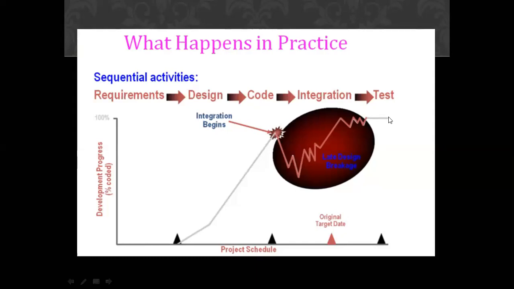Your requirement portion takes 5% of the resources, designing and coding take 10 to 30% of the resources, integration takes more than 40% of the resources, and deployment, the delivering of the product, takes 5% of the resources. That we have discussed in the last class.